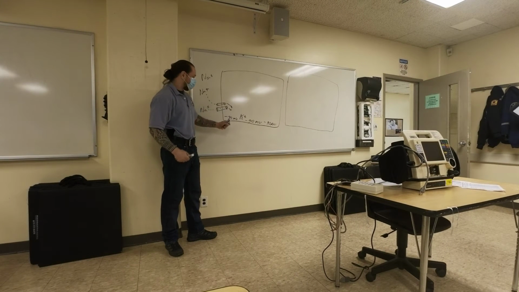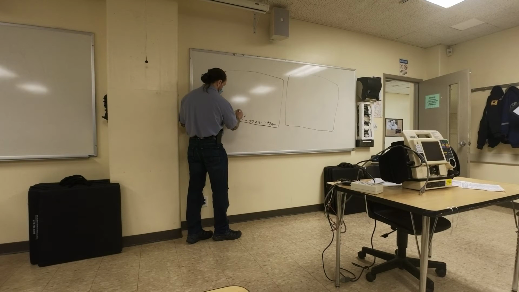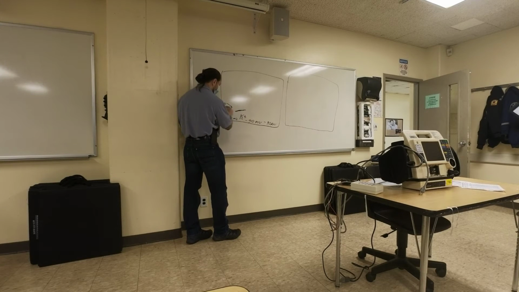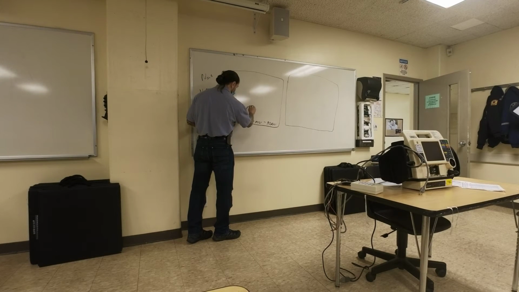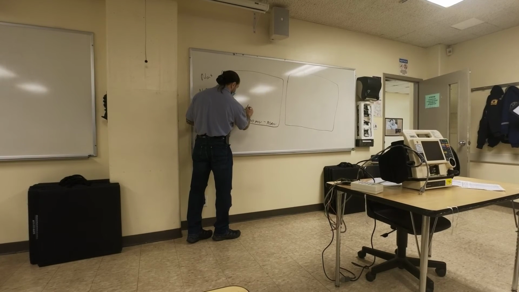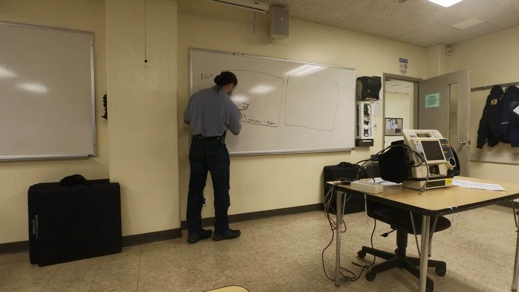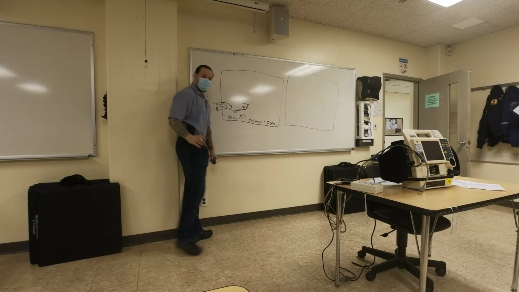More positive, right? So if we start out at the lower level here, and this is our minus 90, as more sodium is going in, it's going to start to raise this up. So maybe this is minus 80, and here we have minus 70. Everybody with me so far?